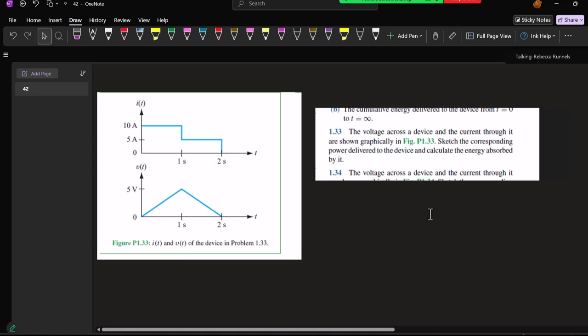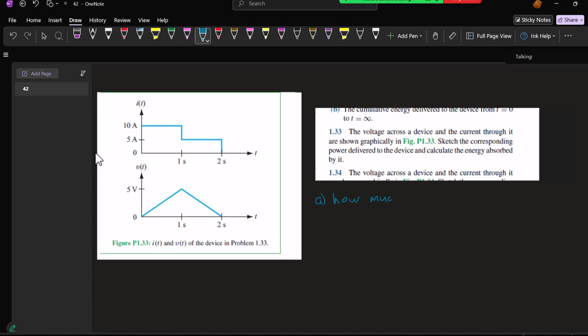So the first question I'm going to ask is how much charge accumulates from t equals 0 to t equals 2 seconds. For that, you would get the integral of the current graph.